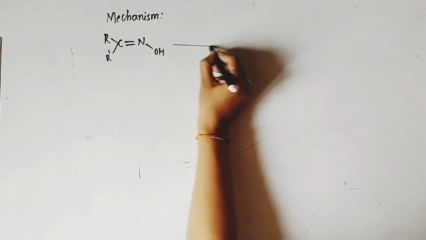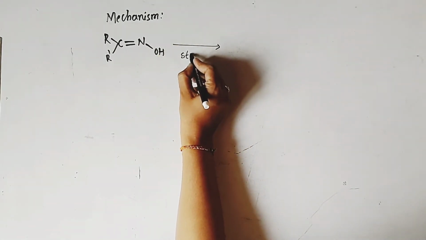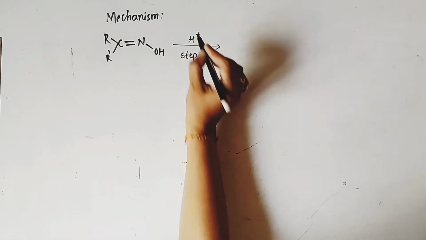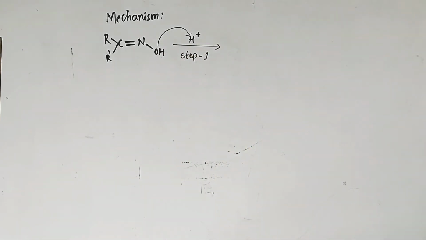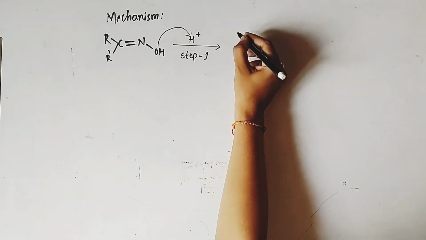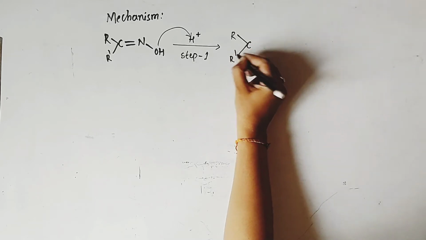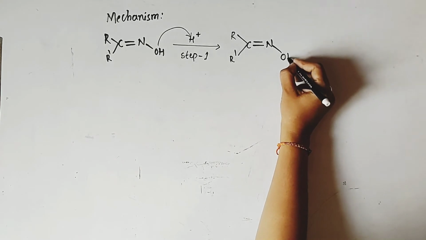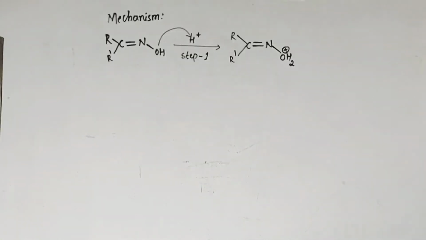Step 1 is protonation of the hydroxyl group, that is H plus. So this OH group will attack here, that means it will abstract the proton from the acid media. So this becomes R, C, R dash, and this is now N, OH2. Because of having excess of bonds, now it will carry the positive charge.